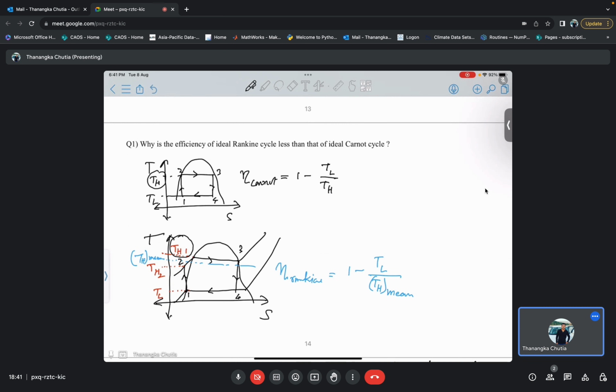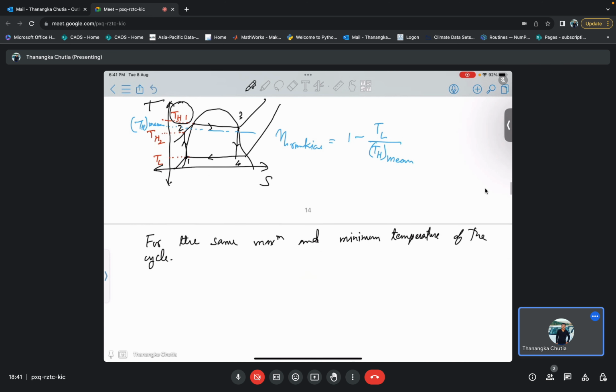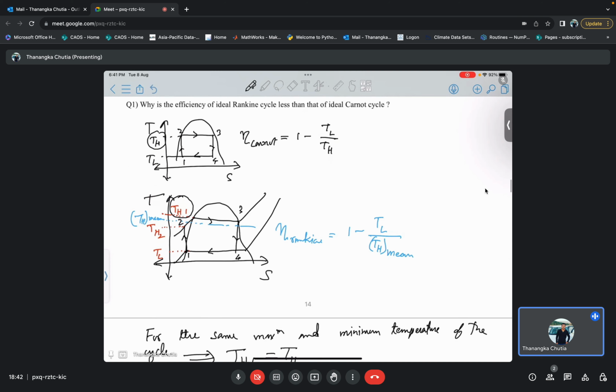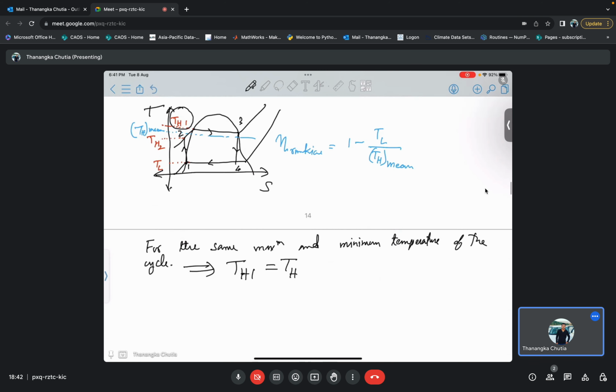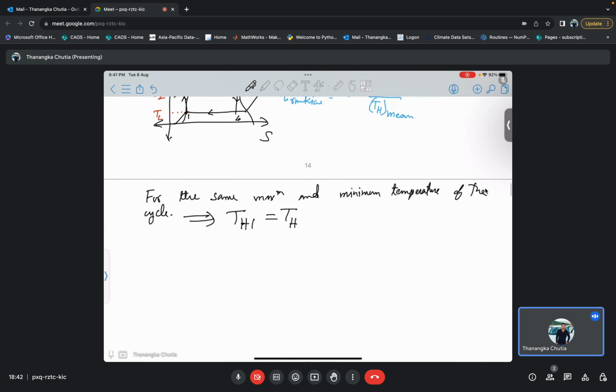So this implies TH1 is equal to TH. And we know that the minimum temperature for both cycles is TL, so that is the same.